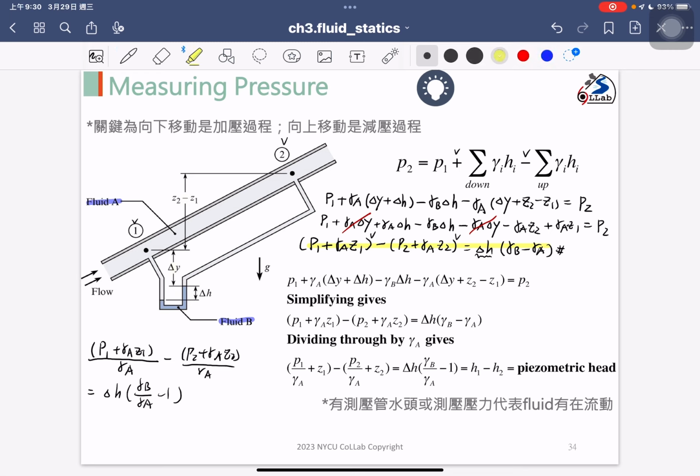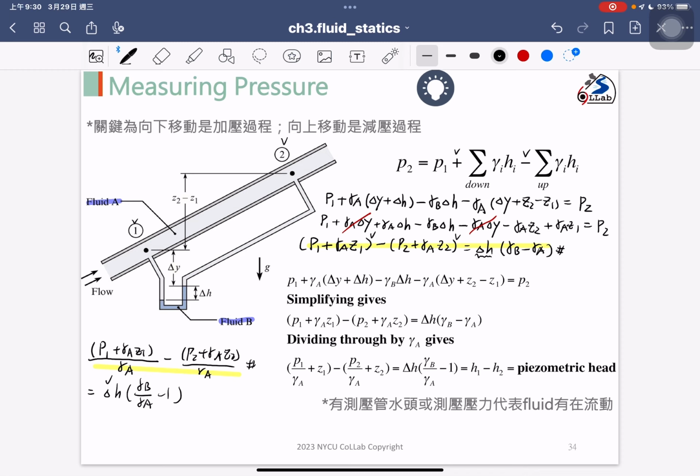And the part in here, we call that the piezometric head, right? It's the piezometric head. So we can also say that the piezometric head is equal to the deflection height multiplied by the specific weight ratio minus 1.